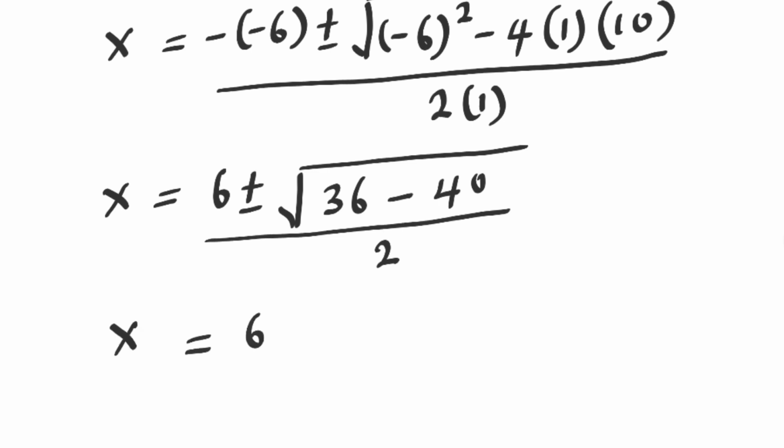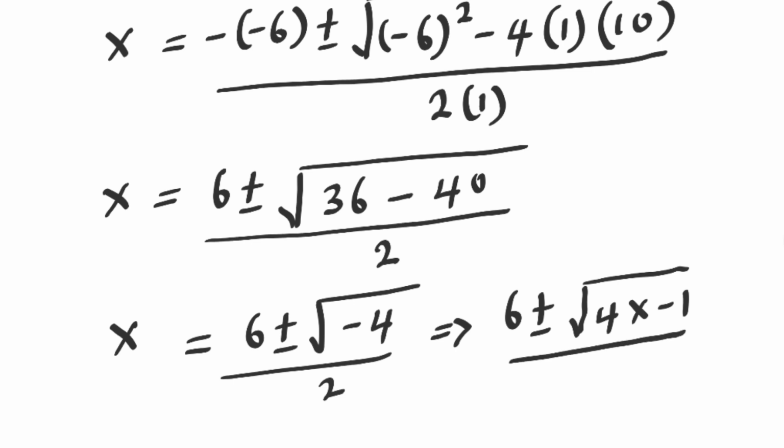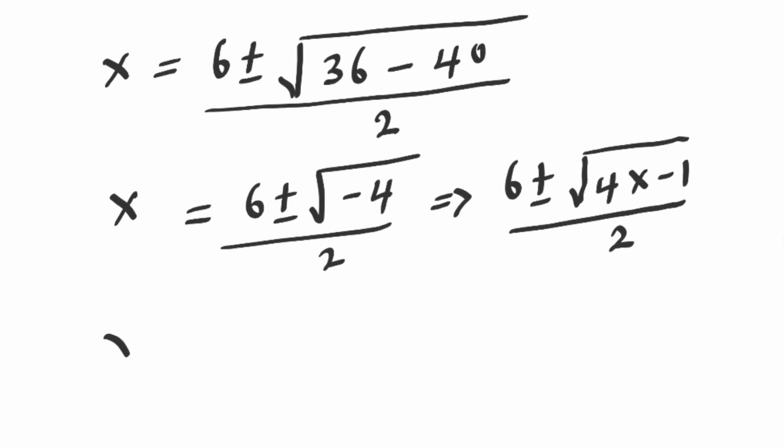x is equal to 6 plus or minus square root of 36 minus 40, that is minus 4, divided by 2. And this can be written as 6 plus or minus square root of minus 4, which can be written as square root of 4 multiplied by minus 1, divided by 2. x is equal to 6 plus or minus square root of 4 is 2, and square root of minus 1 is i, divided by 2.